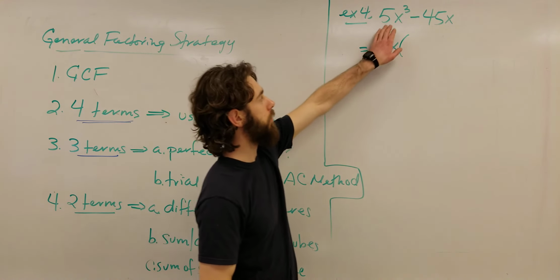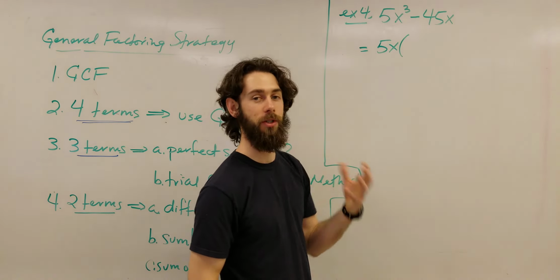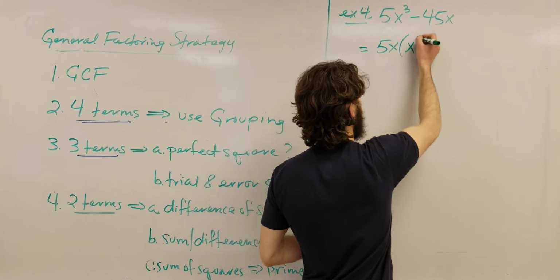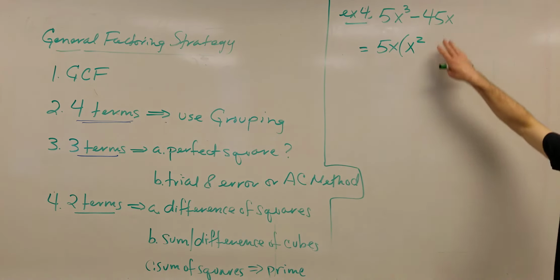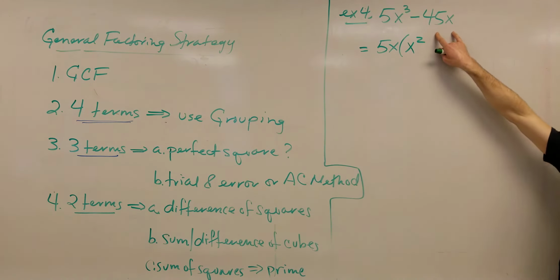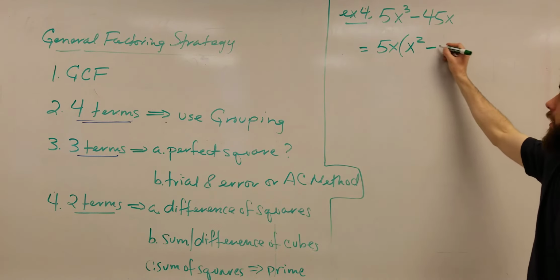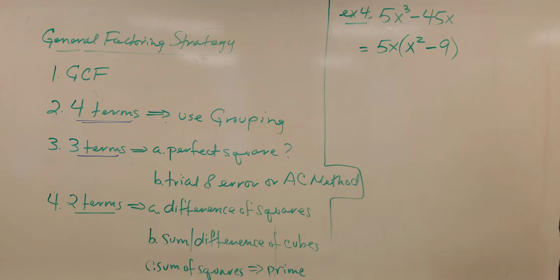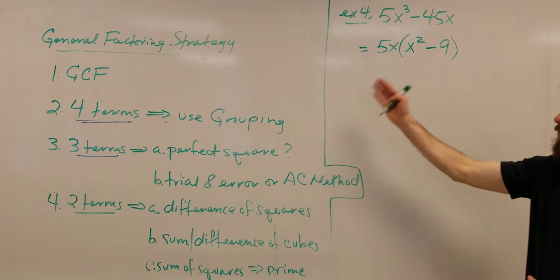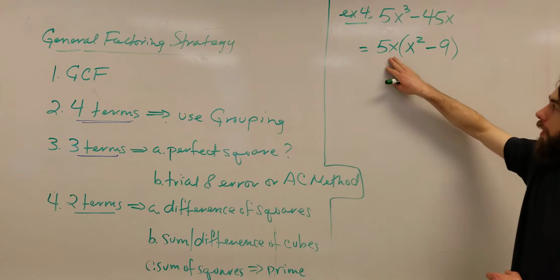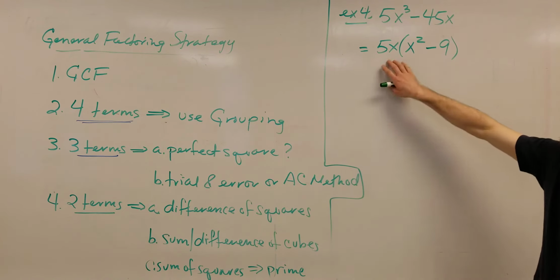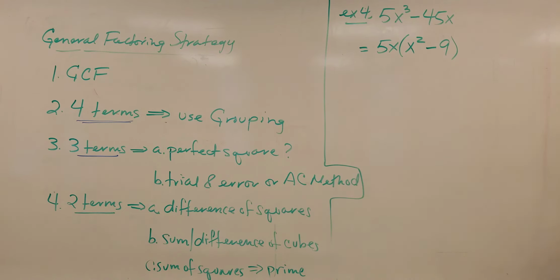If I divide this term by 5x, I'll be left with just an x squared. And then if I divide 5x out of here, that's going to leave negative 9. We factored the GCF. This factor is done. That's generally the GCF. You can't do much with it.